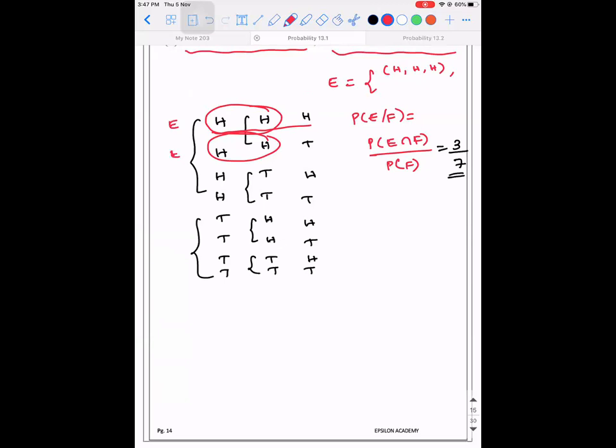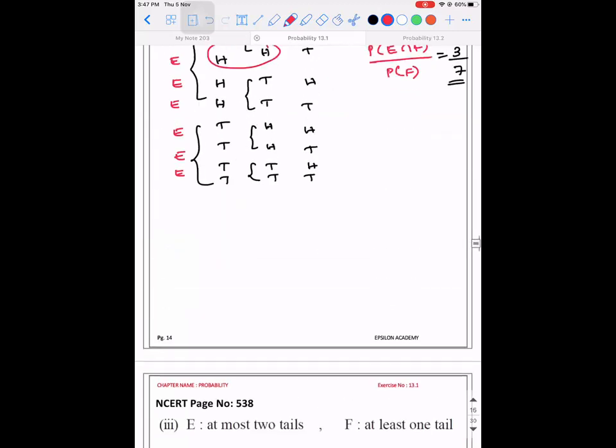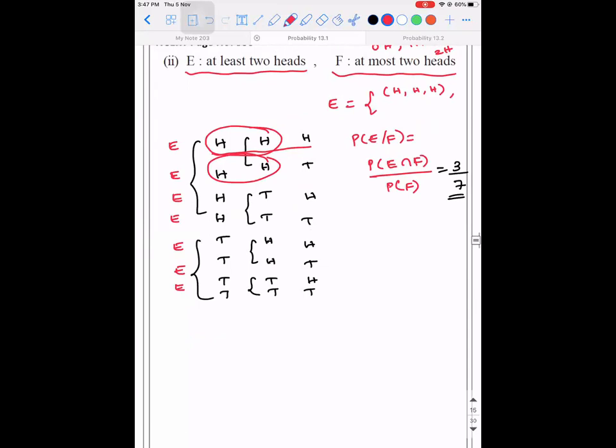So E. What about F? At least 1 tail. Answer should be the same. At least 1 tail means minimum is 1 tail. Maximum is 3 tails. 1, 2, 3, 4, 5, 6, 7.